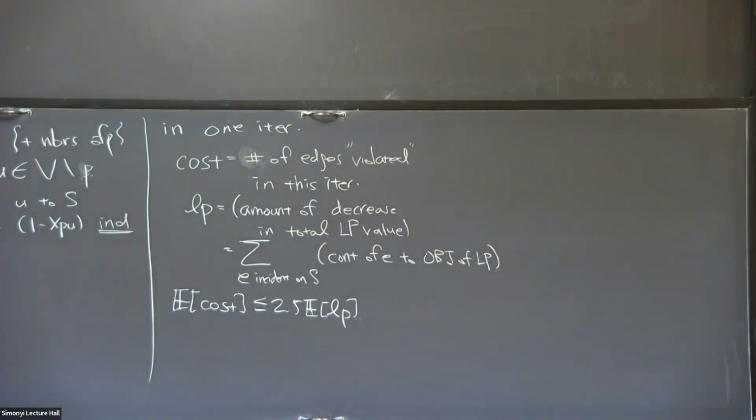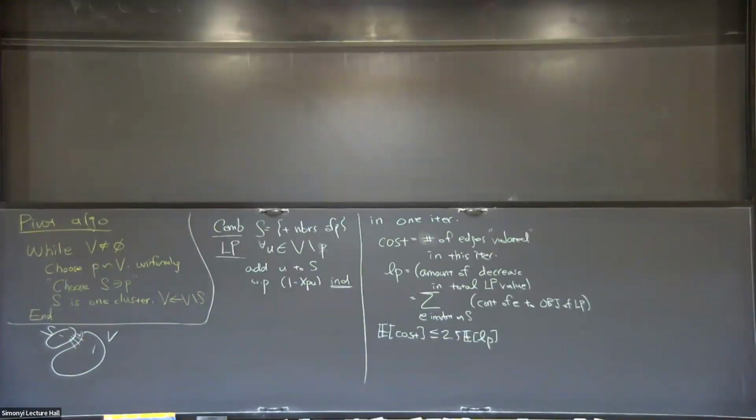Then I claim that if that is true for every iteration, we're going to be done. Our initial potential is the total LP value, and in each iteration the cost is increasing and the LP is decreasing. We are basically proving that if you increase your cost by something, then the potential will decrease a lot.